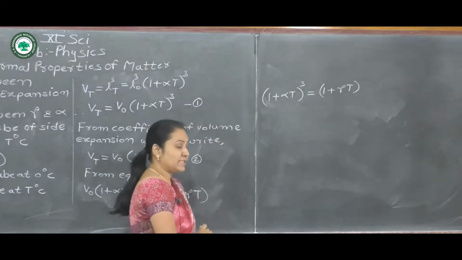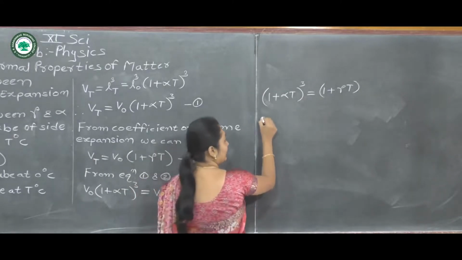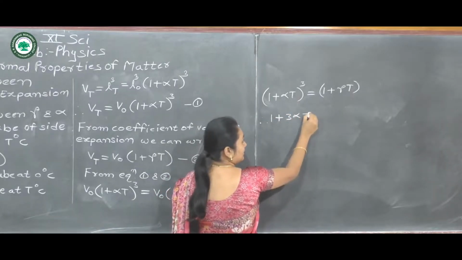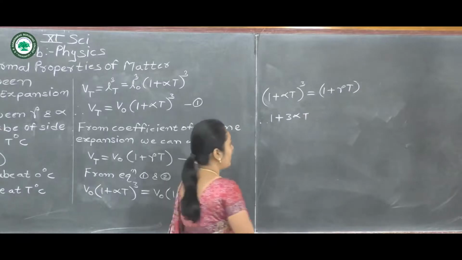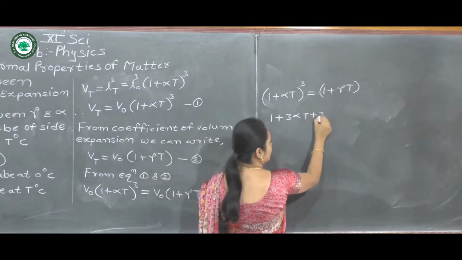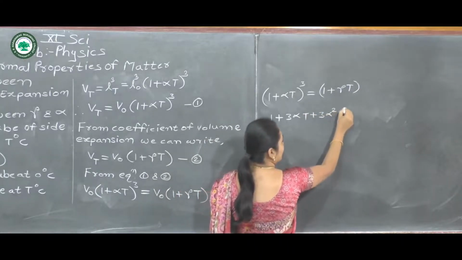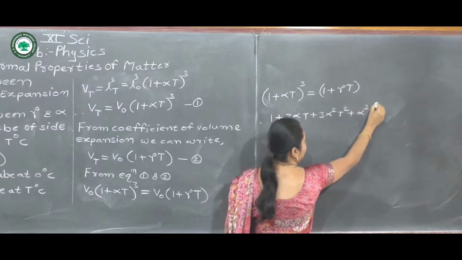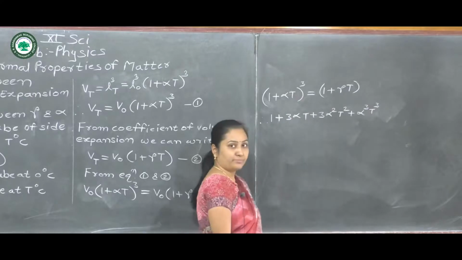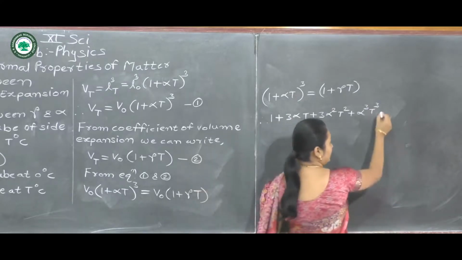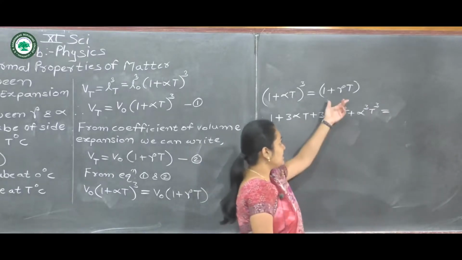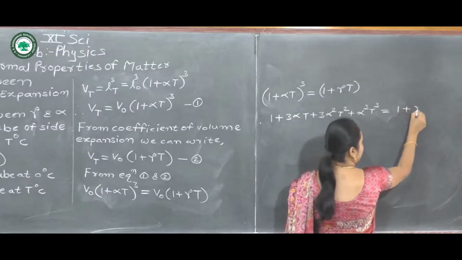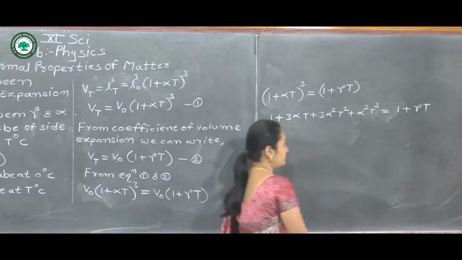So by using this formula we write 1 plus 3 alpha t plus 3 alpha square t square plus alpha cube t cube is equal to the RHS as it is, that is 1 plus gamma t.